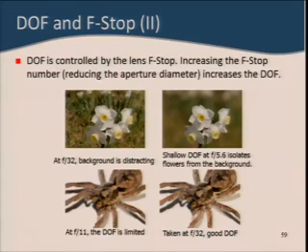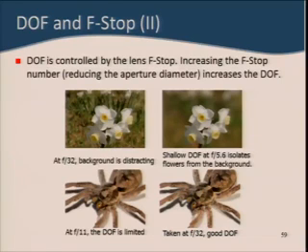If you don't look at the information at the bottom, just look at this image. For this image, do you think you are using a small f-stop number or a large f-stop number? Compare these two images. If you want an image like this, should you be using a small or large f-stop number?